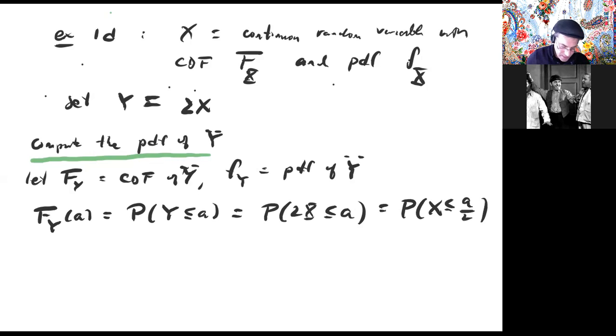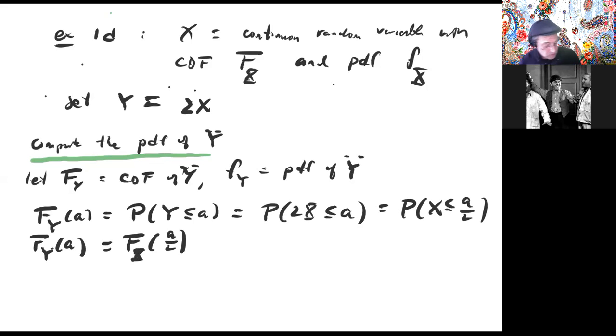But the probability that x is less than or equal to a over 2 is precisely the definition of the cumulative distribution function of x evaluated at a over 2. So we get this equation relating the cumulative distribution function of the random variable y to the cumulative distribution function of the random variable x. Now we're going to take the derivative of both sides of this equation.